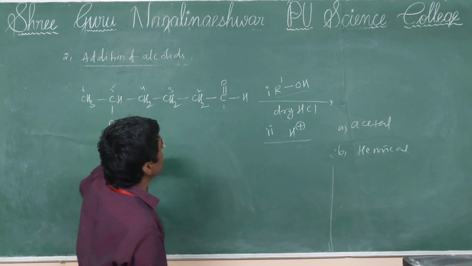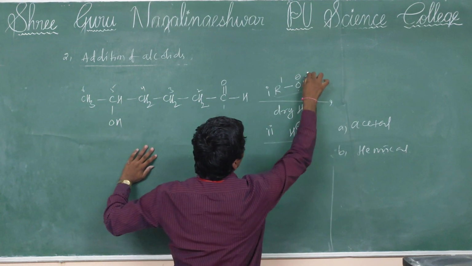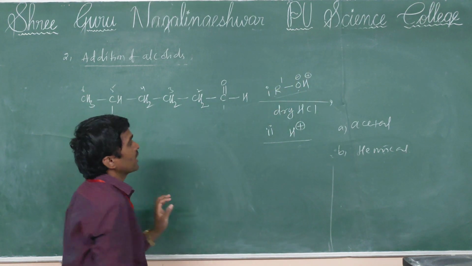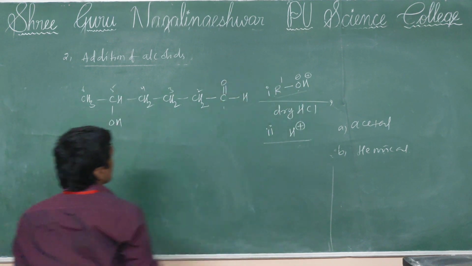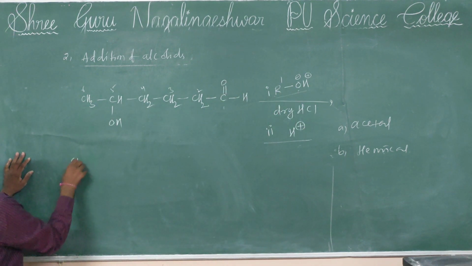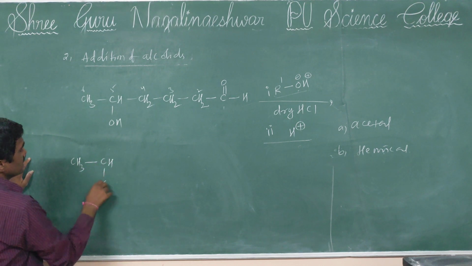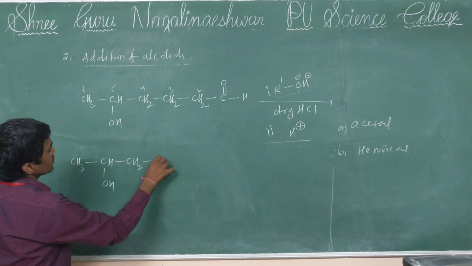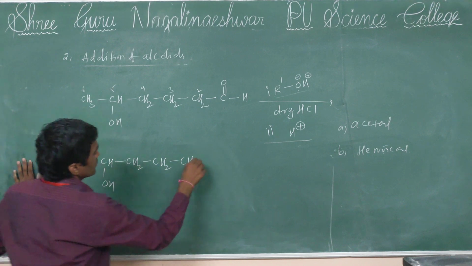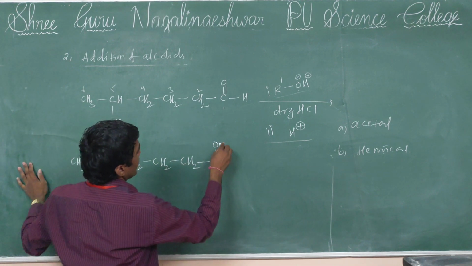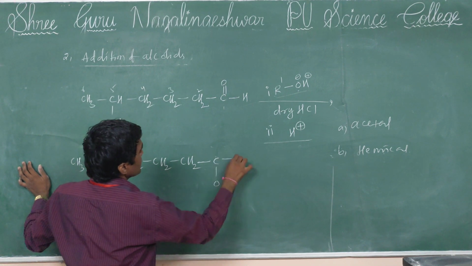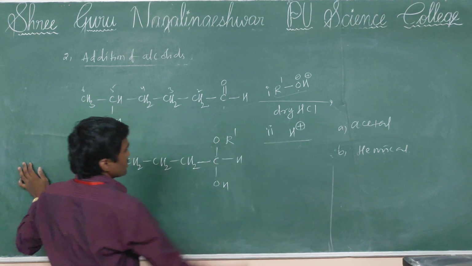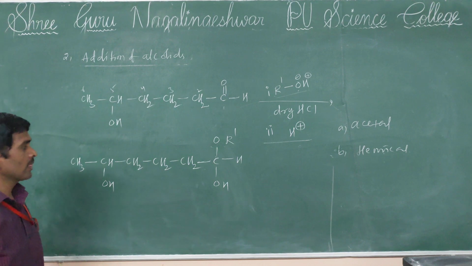RO dash and H plus: OR dash attaches to the carbon, and hydrogen attaches to the oxygen. Then CH3, CHOH, CH2, CH2, CH2, CH with OH conveniently written downside, H on the right side, and OR dash upside. So this is formed.